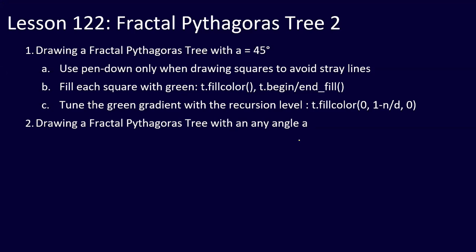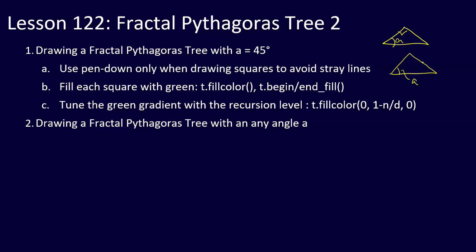So in that case, we were doing it like this, here is A, and here is our right angle. But we can change this to a different A rather than 45.